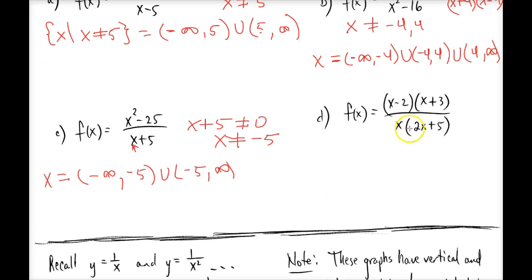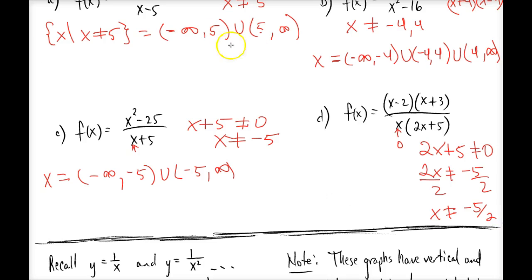Okay. And of course, for this last one here, we know that if we plug in 0 right here, that wouldn't work. And of course, if we took 2x plus 5 and said it can't equal 0, then if we subtract 5 from both sides and then divide by 2, we see that x is not allowed to be negative 5 halves, or negative 2.5.